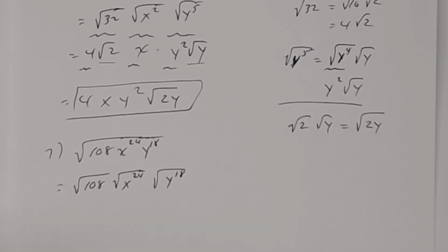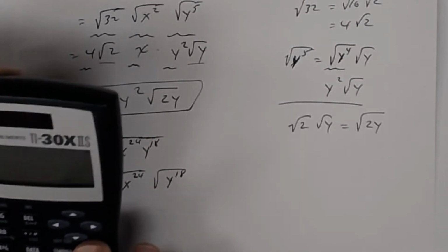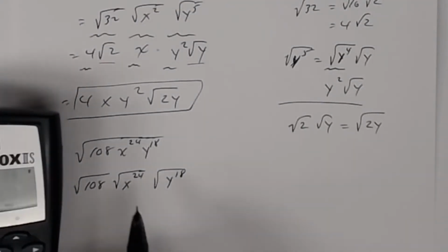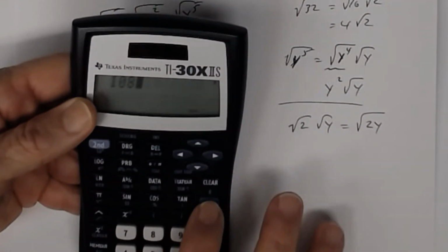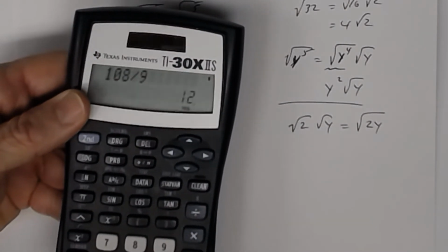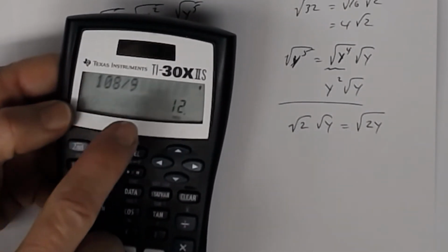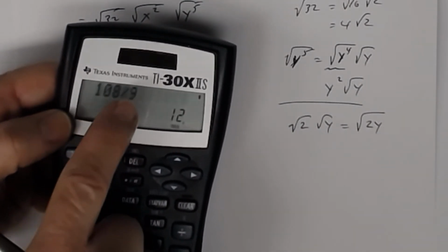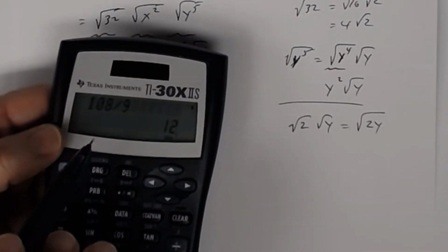So the largest perfect square that goes into 108, and you've got to try it. So you may say, well, what about 9? All right, well, let's try 9. 108 divided by 9, right? Okay, so 108 is divisible by 9, but notice it's not the largest.